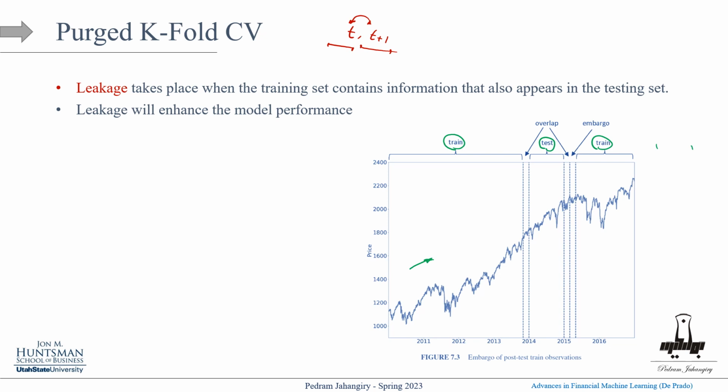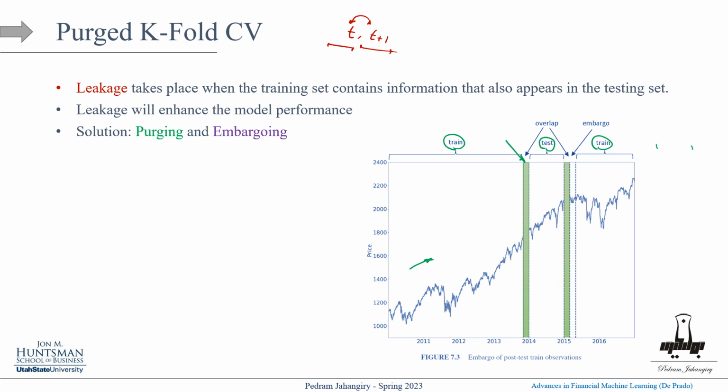What is the solution? The solution is what Marcos Lopez de Prado calls purging and embargoing in his book Advances in Financial Machine Learning. The idea is quite simple. If you pay attention to these green shaded areas, purging happens basically to reduce the data leakage.